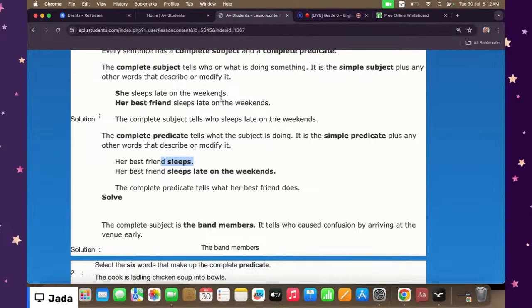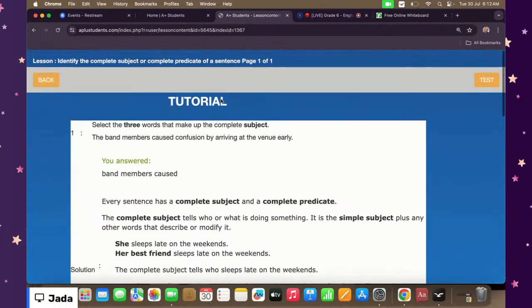All right, let's move on to some examples. It says, select the three words that make up the complete subject. The band members caused confusion by arriving at the venue early. So what are the three words that make up the complete subject here?